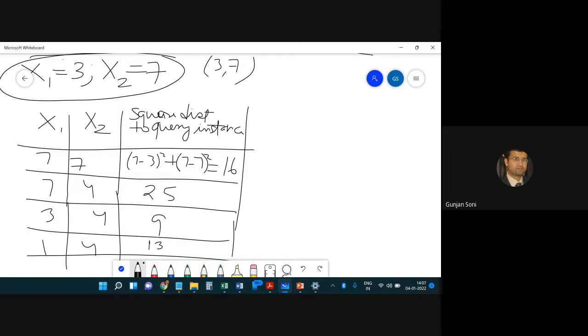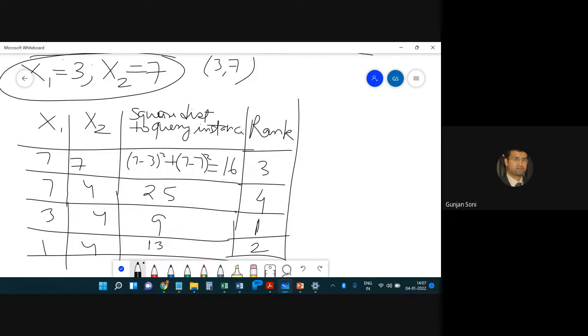Next, we arrange them with respect to the distance, or we give them rank with respect to distance. So the least distance is here, the second least distance is here, then third and fourth, with respect to the distance from the point which we are investigating.